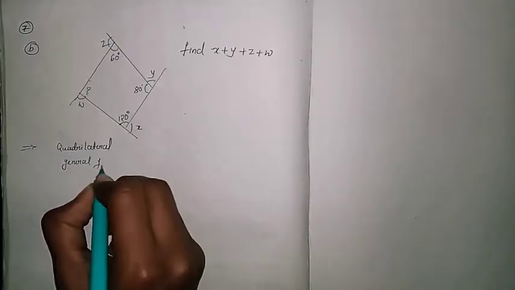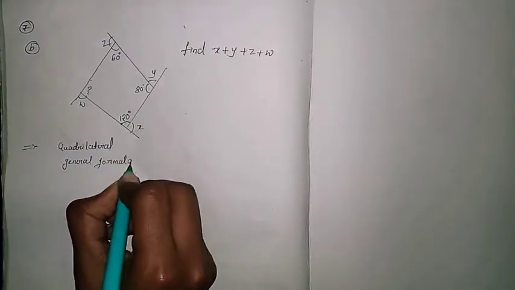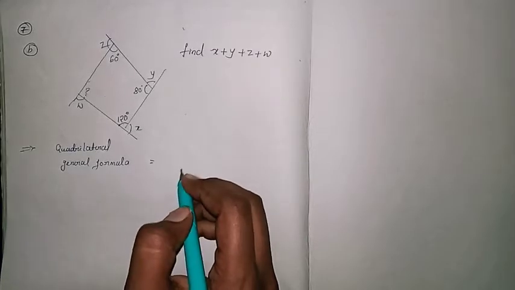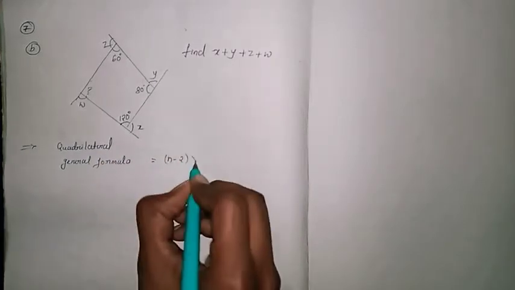If you can remember, you can write it, otherwise use the general formula. So first we will apply that only. For a quadrilateral or any polygon, the general formula: sum of the angles of any polygon is equal to n minus 2 into 180.